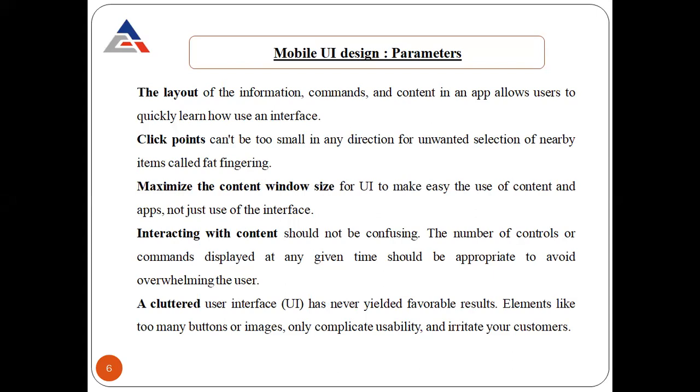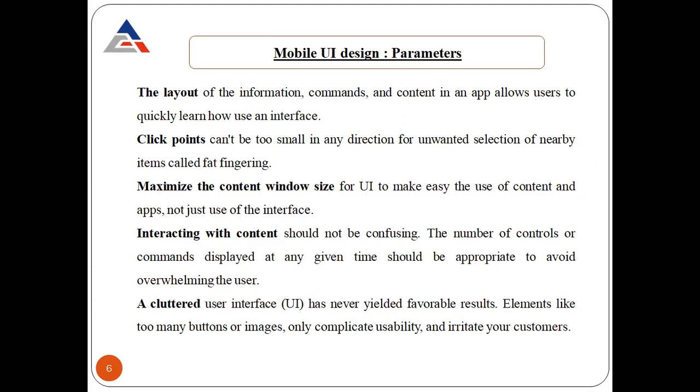Simplicity principle. In fact, the simplicity principle means that the click point should not be too large and should not be too small. So whatever click point you have used in your mobile application, that should be simple, not too large on screen and not too small on screen that it is not readable.